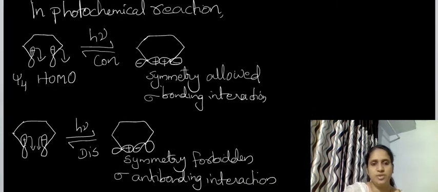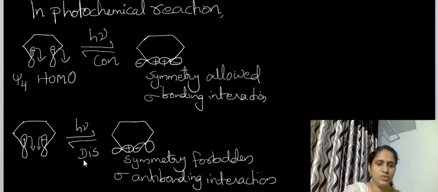Then we have to consider the photochemical reaction, that is, at excited state Psi 4 will be the HOMO of the C6 system. So these will be the terminal lobes, plus and minus. When it undergoes conrotation, both the orbitals will rotate on the same side and we get plus plus, that is sigma bonding interaction, or it is symmetry allowed and it is highly stable.